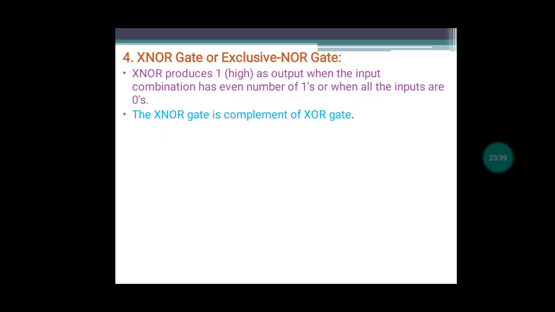Now moving on to the fourth derived gate, that is the XNOR gate, or we call it an exclusive NOR gate. Full form is exclusive NOR gate. This gate, see here what is there? It is a combination of XOR and NOT gate.